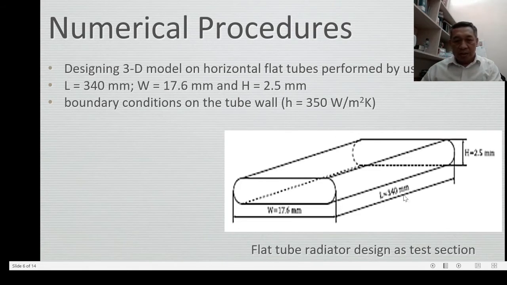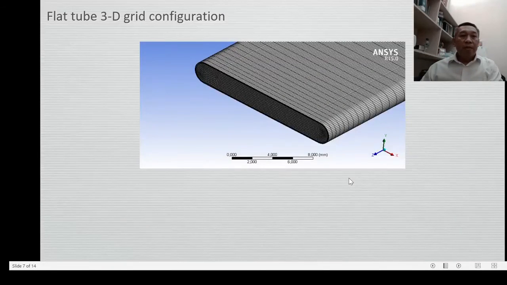This is the flat tube radiator design as the test section geometry, which we draw in ANSYS Design Modeler. We design the flat tube for a three-dimensional grid configuration.